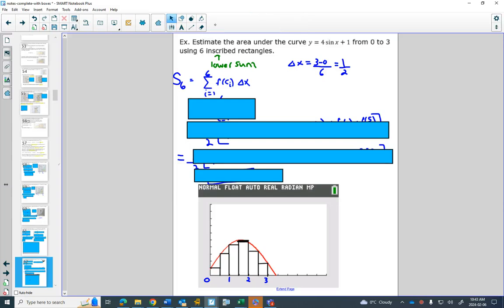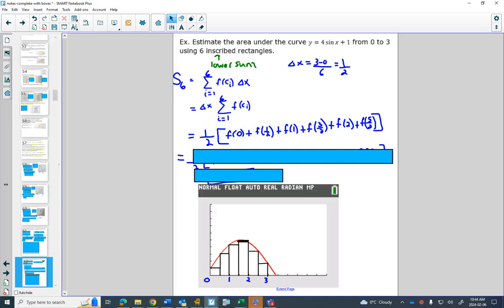As 6, because we're adding up 6 rectangles. And again, we can factor out that change in x. And then we're going to have to plug in f of 0, f of 1/2, f of 1, f of 3/2, ooh. That one actually, f of 2, and f of 5/2.